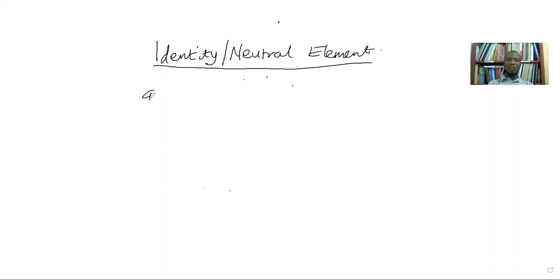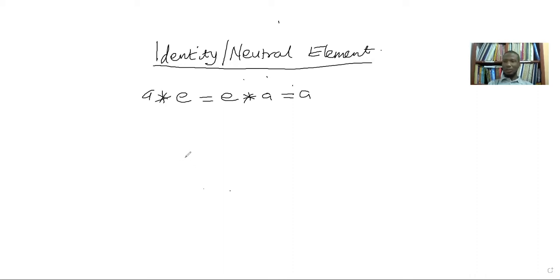That means for any operation star, A star E should be the same as E star A, and we should get our A back. That is the basic assumption we are going to use for binary operations to get our identity element.